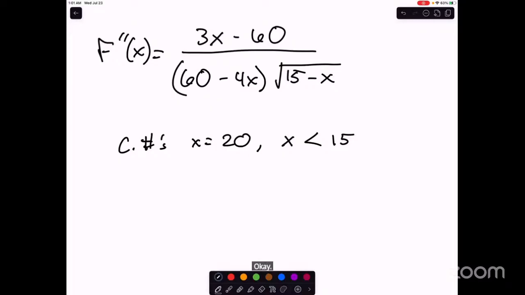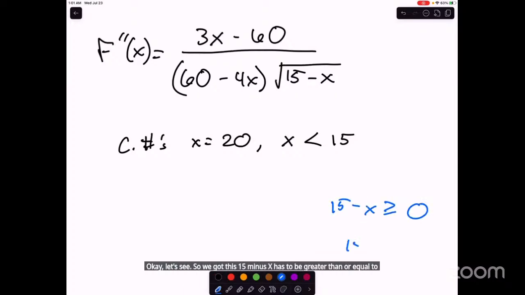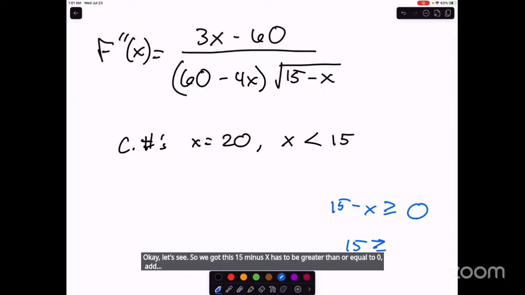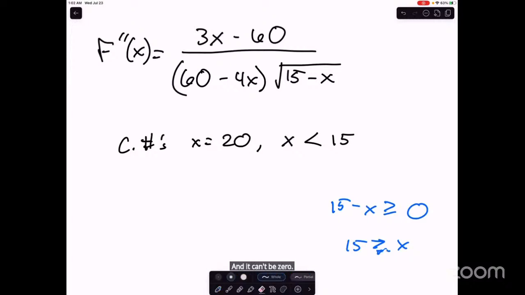So we got this 15 minus x has to be greater than or equal to 0. And it can't be 0.